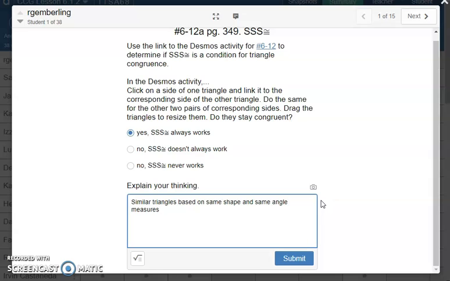It's kind of that first part we talked about from Monday, and we have a scale factor of 1 for the corresponding sides.